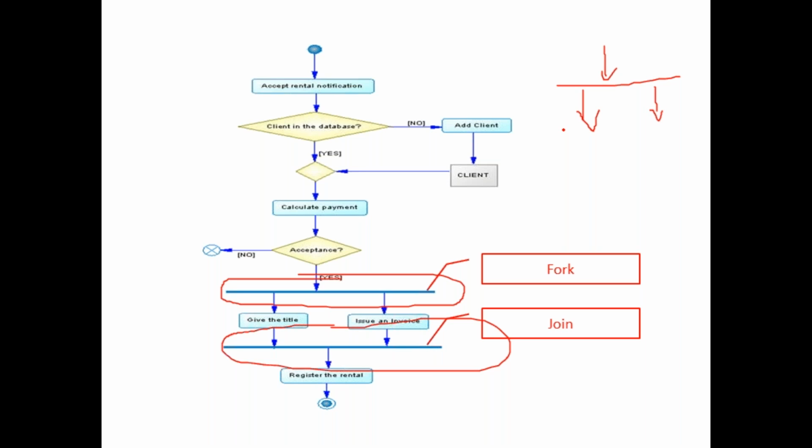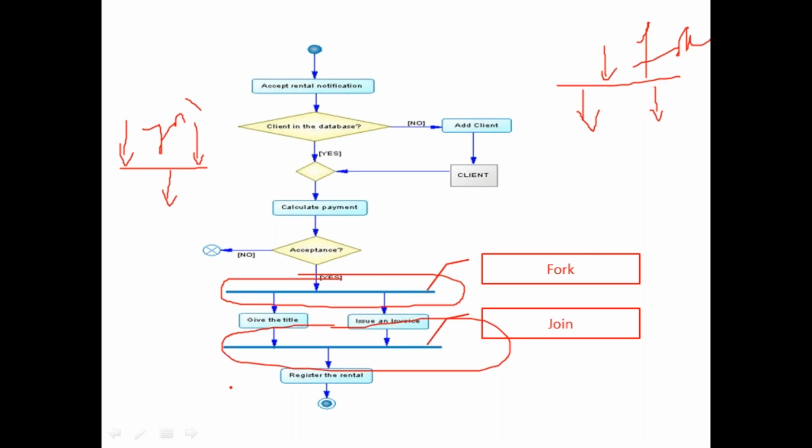Join is where a parallel flow is combining to form a sequential flow. So a sequential flow dividing to form a parallel flow is when the symbol is called a fork, and this other one is called a join.